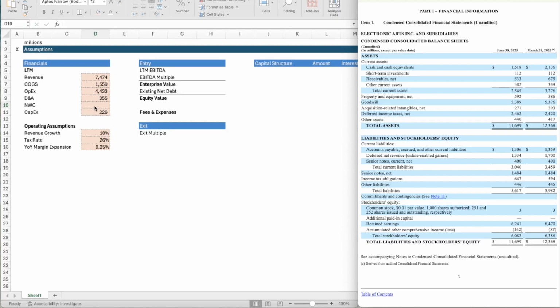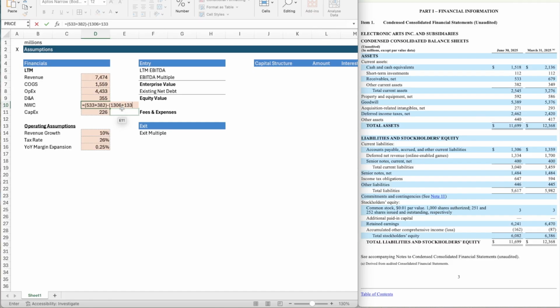Yeah, that's what we will do. So 533 plus 382, and just put that in brackets, minus 1306 plus 1334. Okay, yeah. So minus 1725.